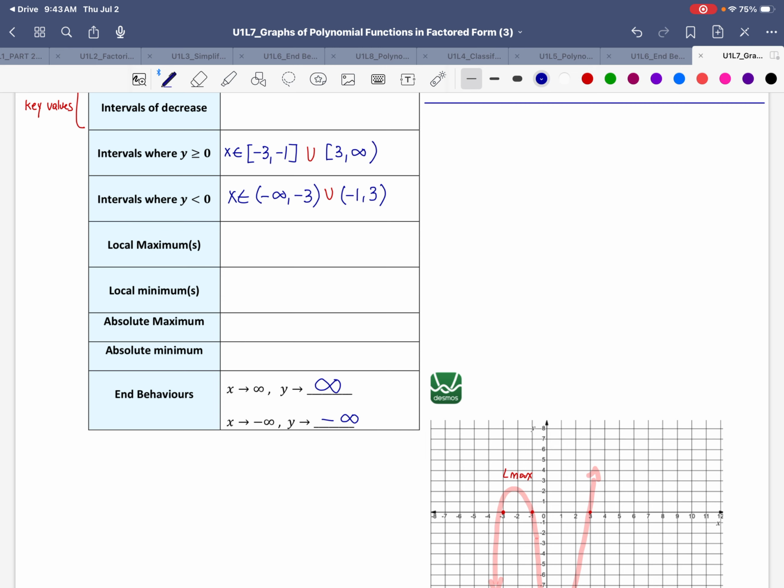So there will be no absolute maximum and no absolute minimum. Now, very often students will write no absolute maximum and just write a number 0 here, or for no absolute minimum.